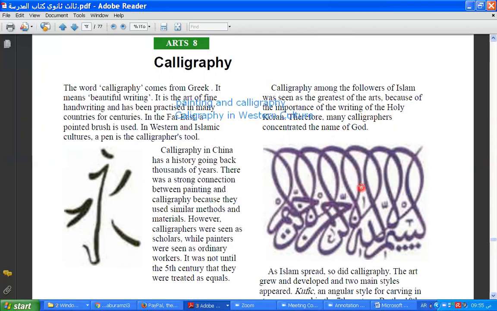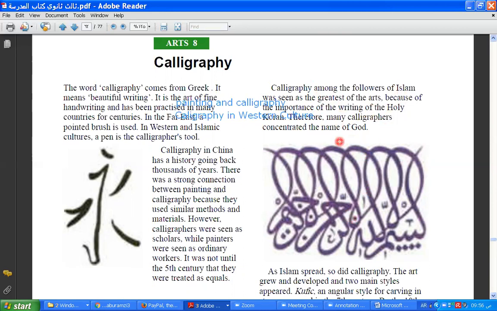So you know, in the previous paragraph they focus on writing or calligraphy in Western culture. But here it is calligraphy in Islam. Because of the importance of writing the Holy Quran, meaning the artistry in writing the Holy Quran and the scripts that appeared.